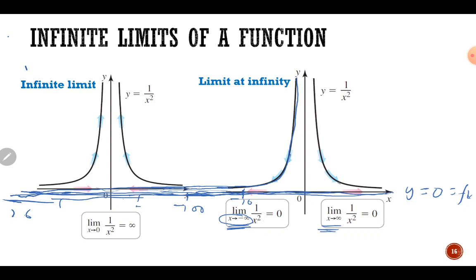Faham? Bila dia pergi ke kanan, maknanya x ni makin besar. Mula-mula 10,000, 4 juta, 2.6 bilion juga, lepas tu trillion and so on. As x approaching infinity, 1 over infinity is gonna be very close to 0.